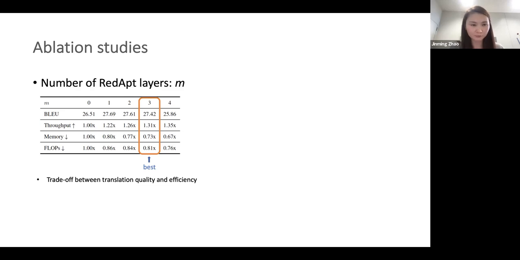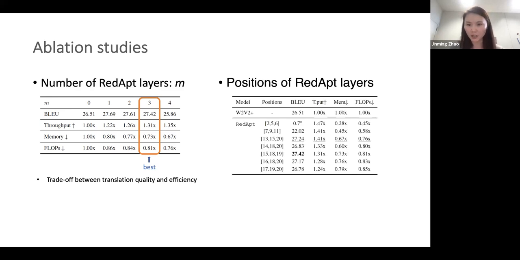Now, given this, the next question is where inside wav2vec tool we should insert those RedApt layers. We've tried different configurations, and here are part of the results. This column refers to our position configurations. This is the baseline model, and these are our systems.